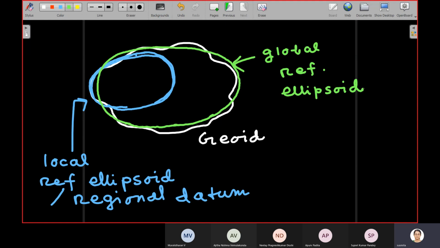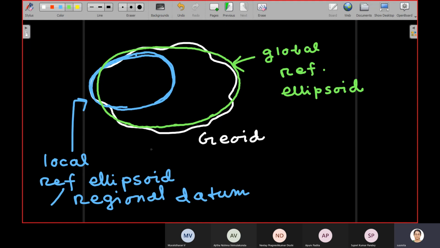Now you can notice that a local reference ellipsoid is a good fit to the geoid over the region of interest over which it is fitted, but it is a poor fit elsewhere. Whereas a global reference ellipsoid gives an overall good fit.